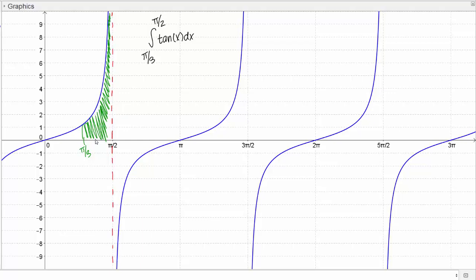Okay, so hopefully you can see why this is called unbounded, right? Because on this interval of integration here, my y values are not bounded. They're approaching positive infinity here. So I want to see if this area maybe equals a finite value, or maybe it diverges. So let's go back to the integral.